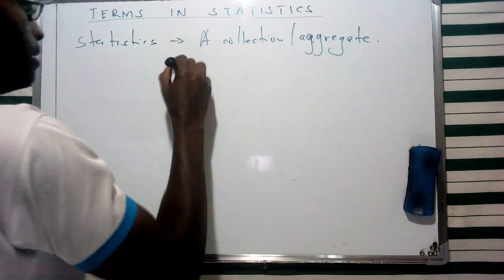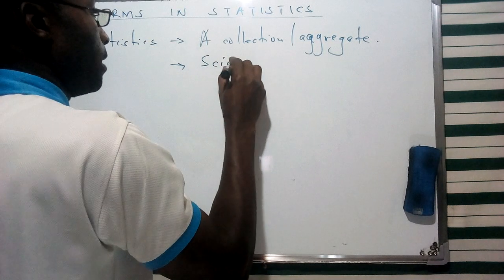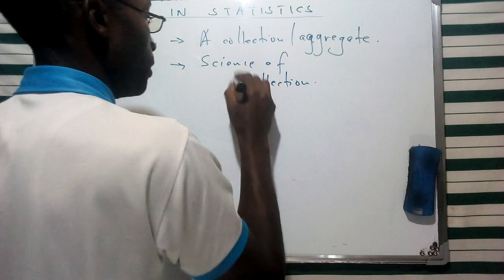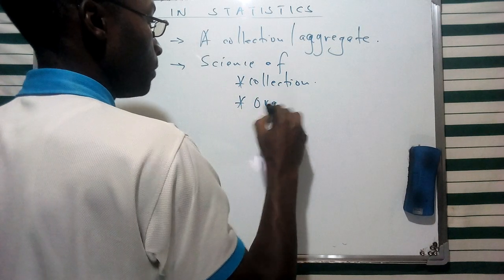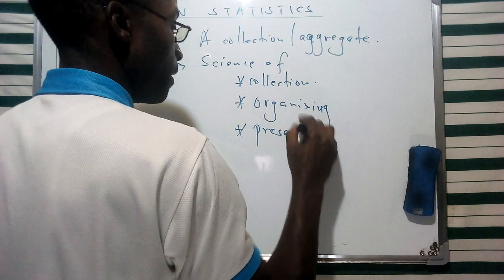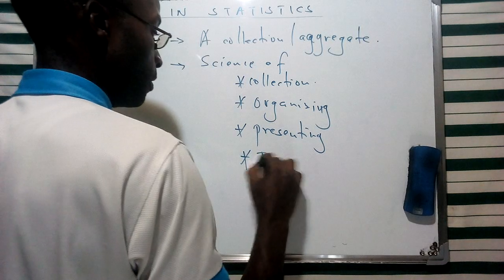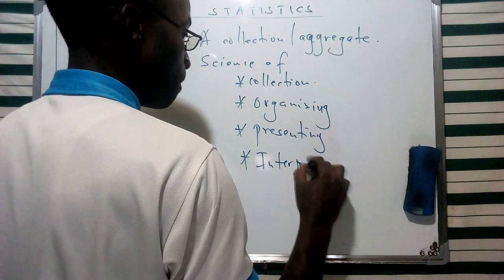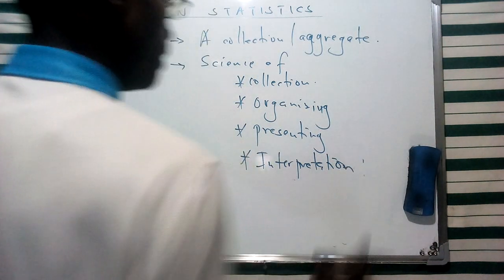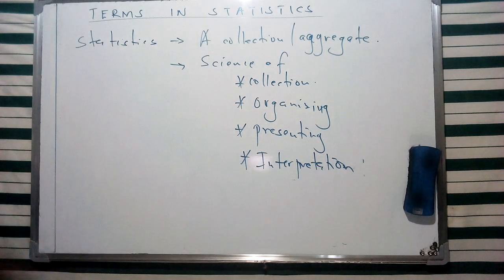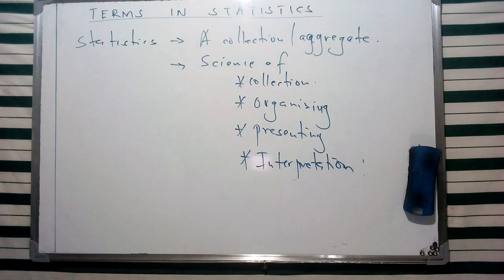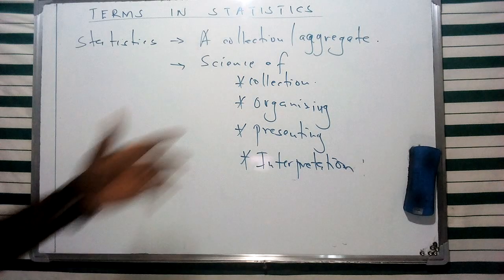Going further, statistics can be defined as a science of collecting, organizing, presenting, and interpreting this specific data. And this is done with the main objective of coming up with an effective decision. And these activities are going to be undertaken by maybe an organization or an administrative body, etc.